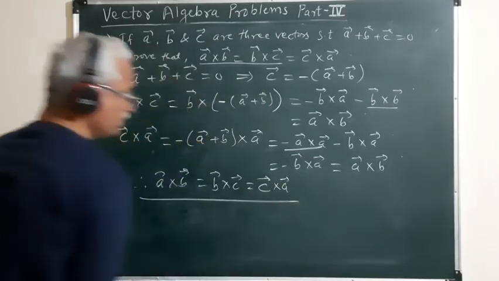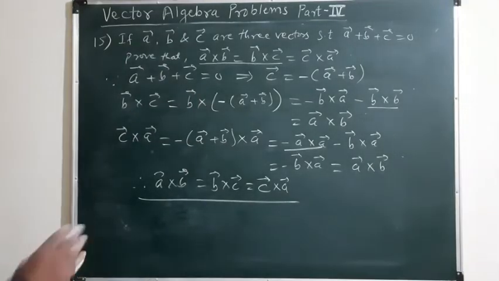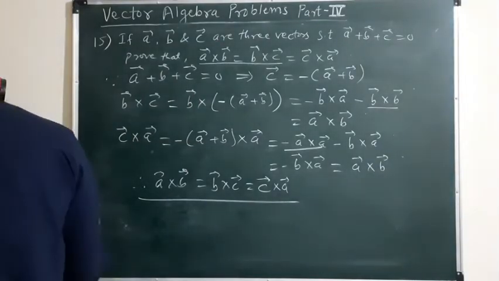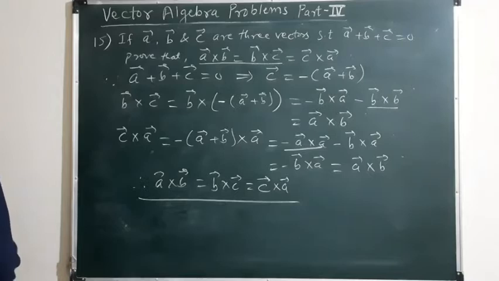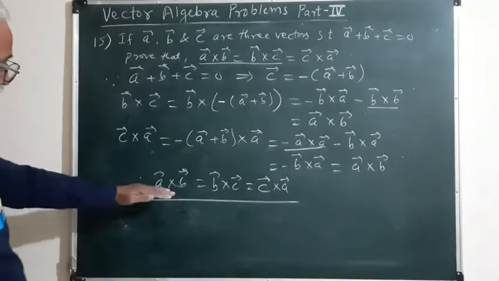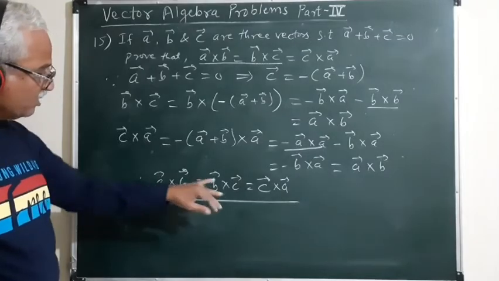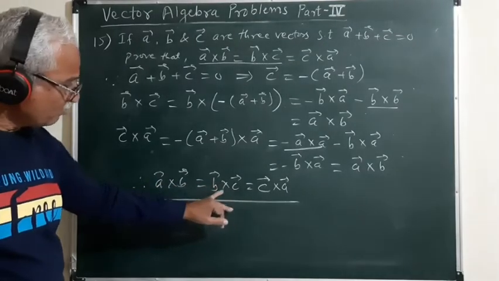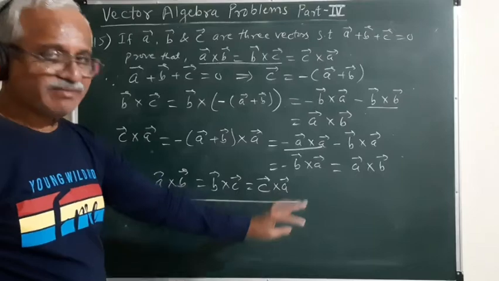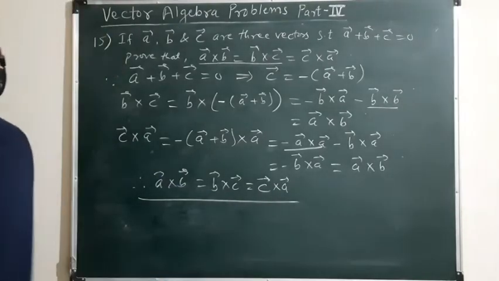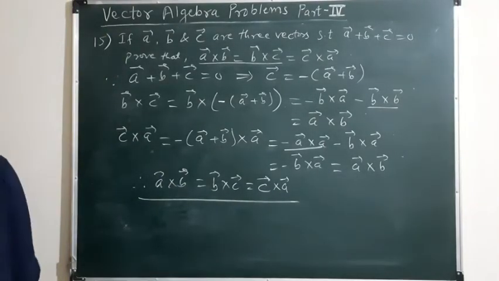So if the sum of the three vectors is equal to 0, then we arrive at the conclusion that the cross products of a bar and b bar, b bar and c bar, and c bar and a bar are equal. So that is the next identity.